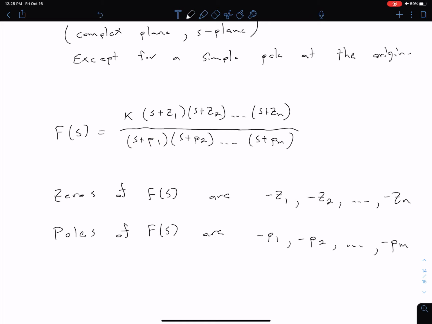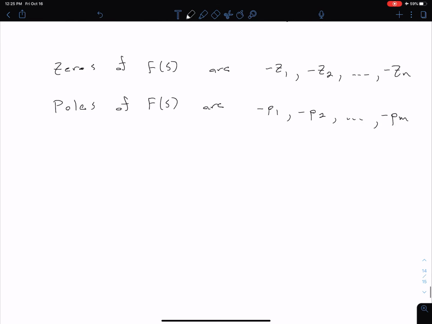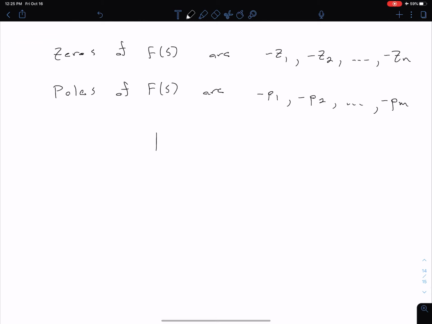Coming back to this idea of our complex plane, or our S-plane, we can think about what this looks like graphically. Remember, in general we said for this unit that s is equal to sigma plus j omega. So here we have our real axis, sigma, and for our vertical axis we have j omega: real on the horizontal, imaginary on the vertical.